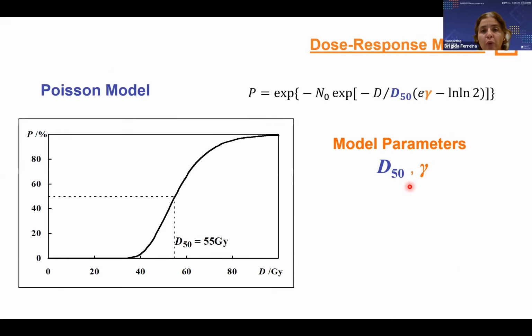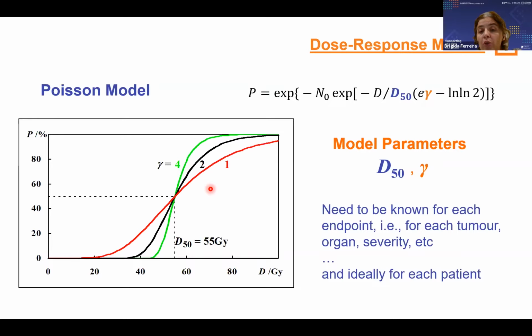So just for you to have an idea of the shape of those response models, there are many, many models available. Here I'm only showing you the Poisson model, and the parameters that we need to find are the D50, which is the dose that corresponds to a 50% probability of response, and also the gamma value that quantifies the steepness of the dose response curve.